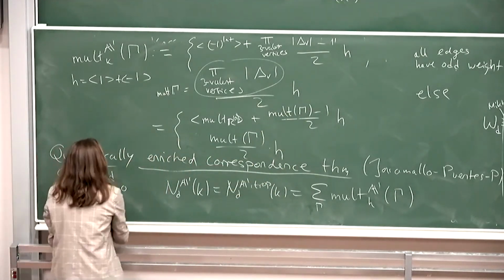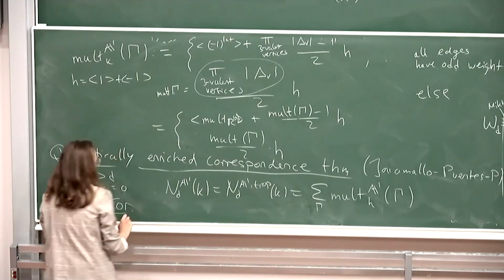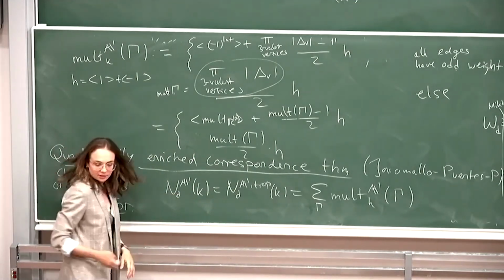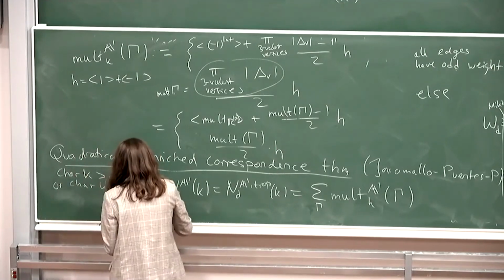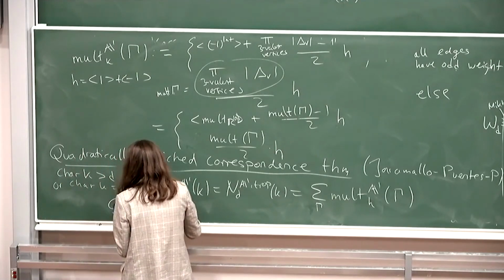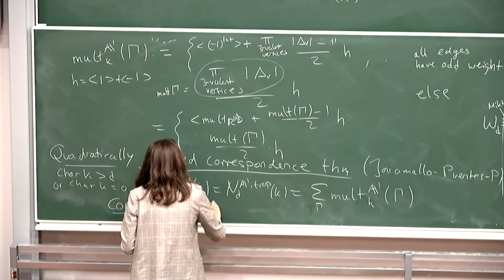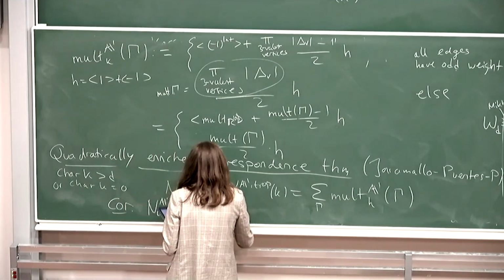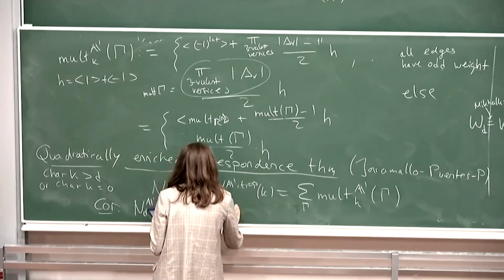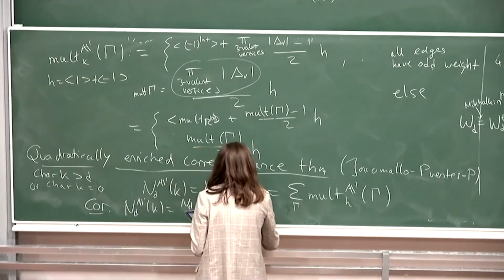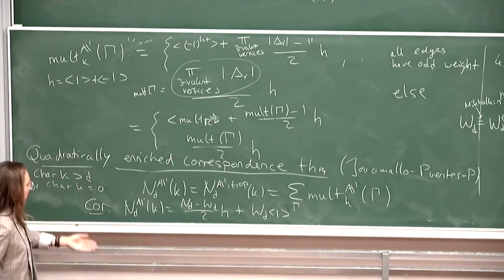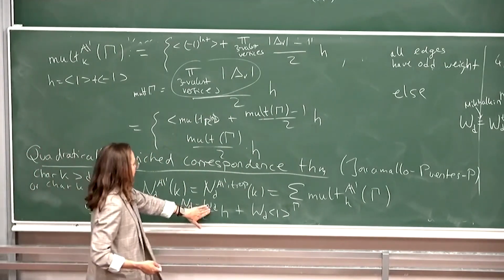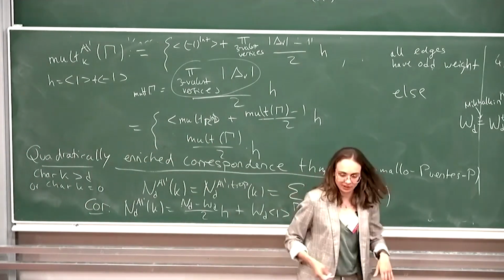So as a corollary, we get that this actually is the following. It's nd minus wd divided by 2 times h plus w times 1. And for these, there are combinatorial formulas to actually determine these.